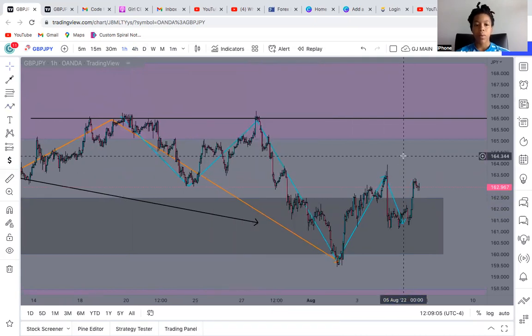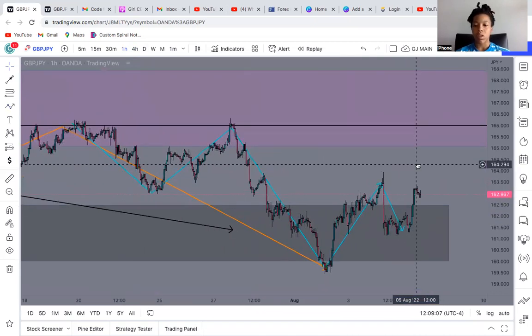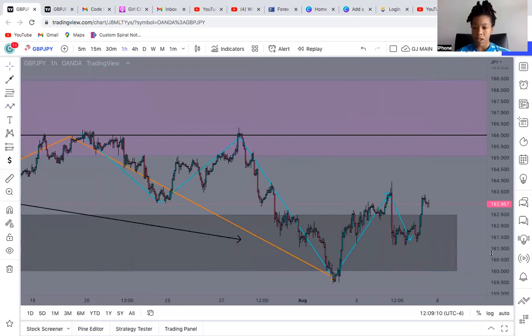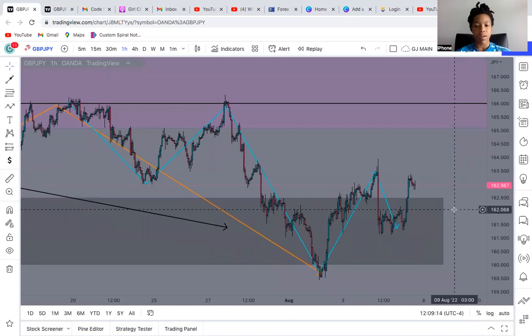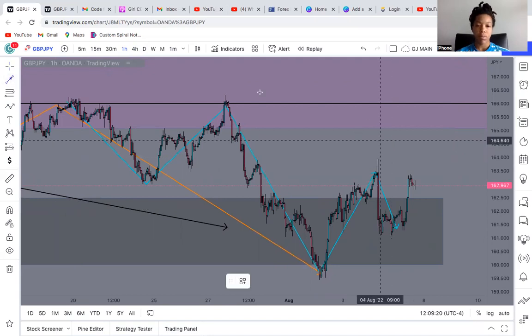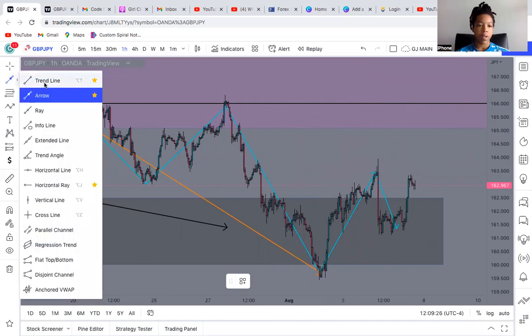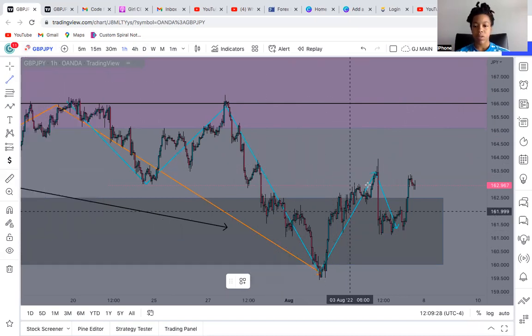Now what we're looking at is structure. This is all market structure. When I'm looking at this market, all I'm looking for is a break of either a high or a low to tell me which way this market is going. I'm gonna do the same thing here. I got an hour high up here, so I know that if this high is broken, we're looking to continue this move up.